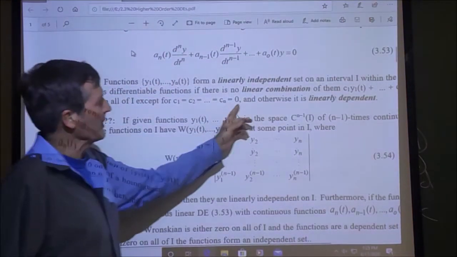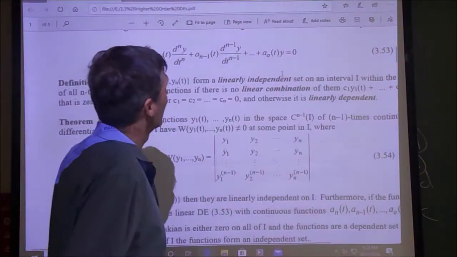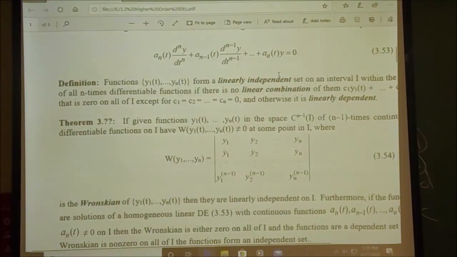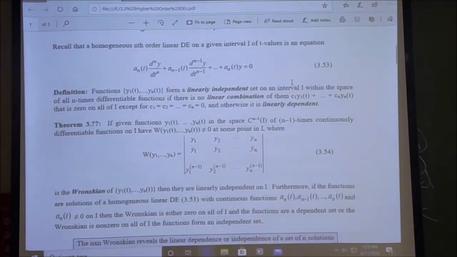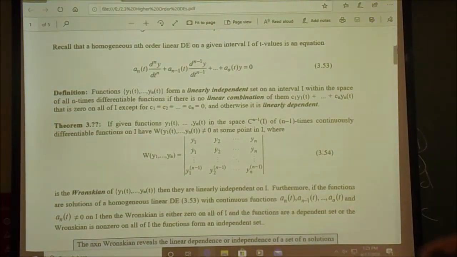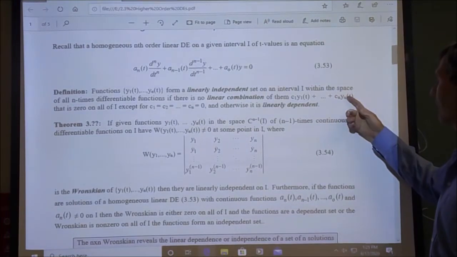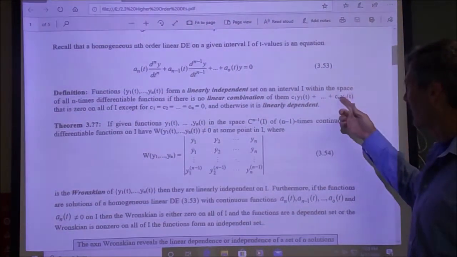If there's no linear combination of them, c1 y1 plus c2 y2 plus dot dot dot cn yn, we take a constant times one plus a constant times another all the way through a constant times the last one.